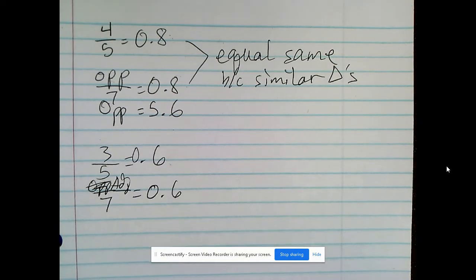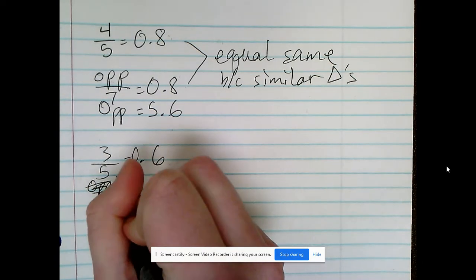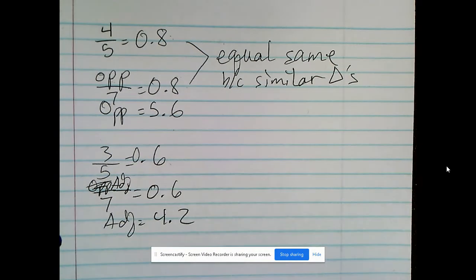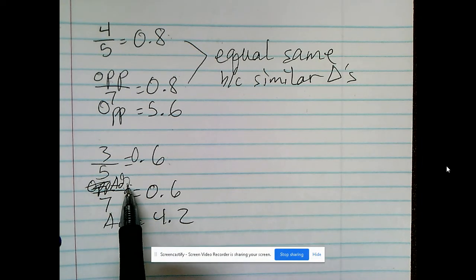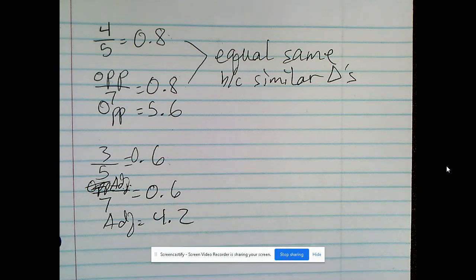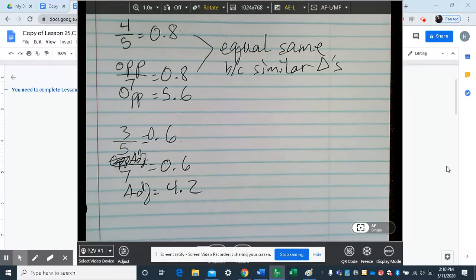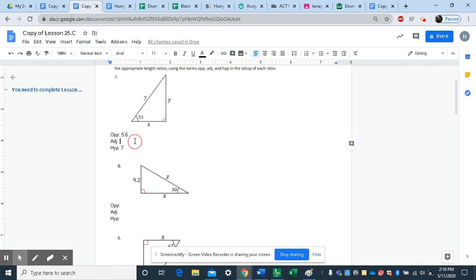Now we're going to do 7 times 0.6, and that equals 4.2. Again, we're solving for this missing piece. In order to get the adjacent by itself, we multiply both sides by 7 because the opposite of dividing is multiplying. So we're going to come over here and fill in our adjacent, which is 4.2. If you're wondering which is which, adjacent is our x and opposite is our y.